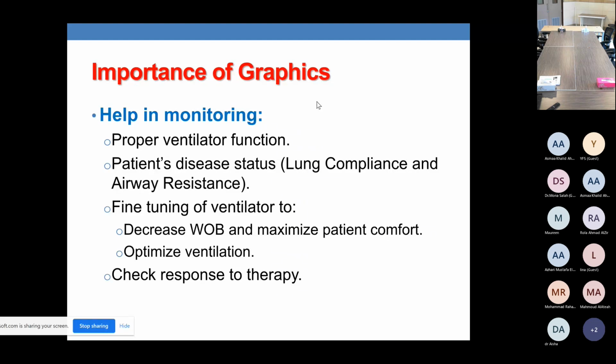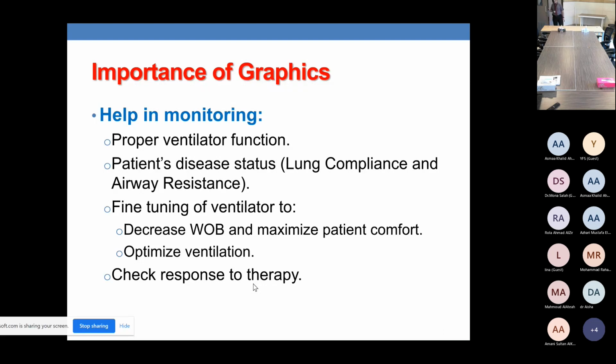If there's any troubleshooting, of course, it will help in determining the patient's disease status, how is the lung compliance, how is the airway resistance, and of course, it helps for fine-tuning of the ventilator. It helps to decrease the work of breathing, maximize the patient comfort, and optimize the ventilation. And of course, it helps to check the response to therapy.